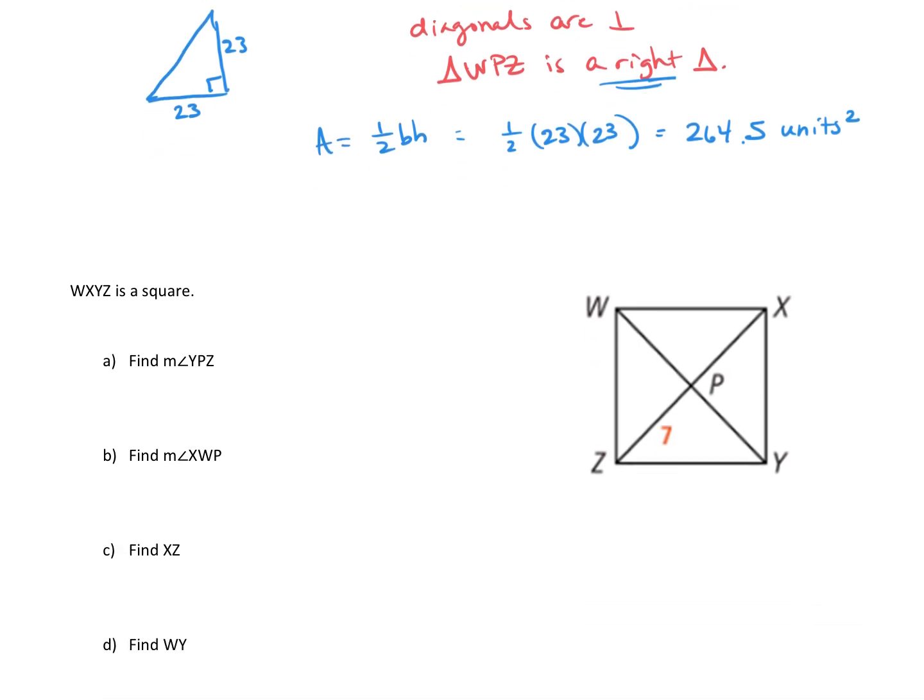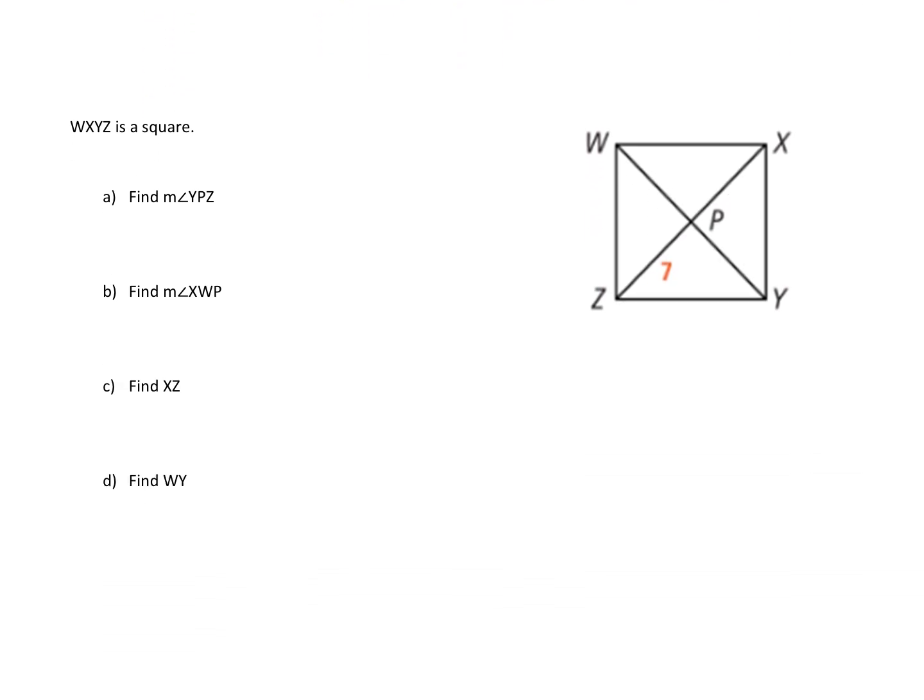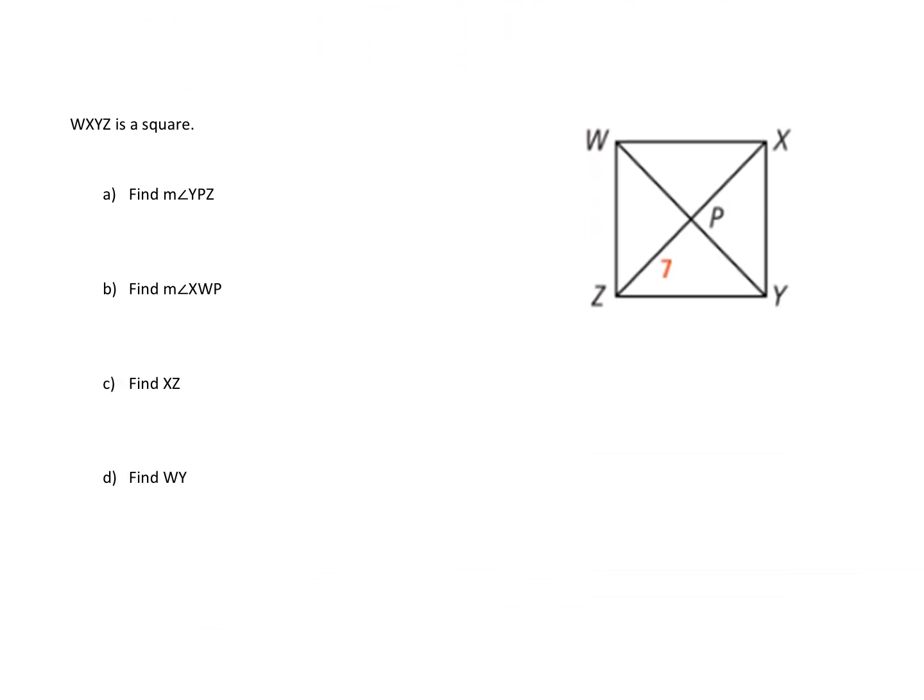All right. Just some quick questions here to run through about a square. We've got WXYZ as a square, so why don't we fill in some things we know. ZP is 7. We know that PX will be 7. Diagonals are congruent and they bisect each other, so WP is 7 and PY is 7. We also know that the angles are right angles and that those diagonals bisect each angle.